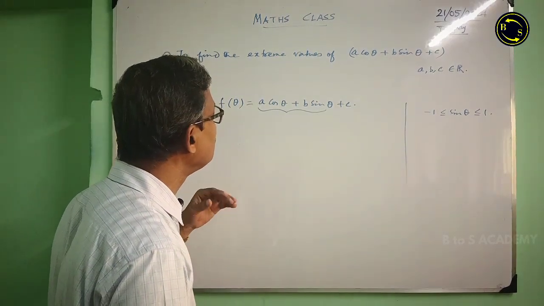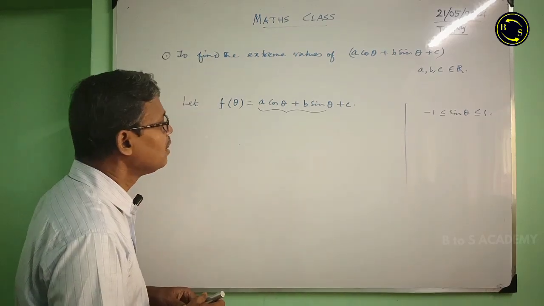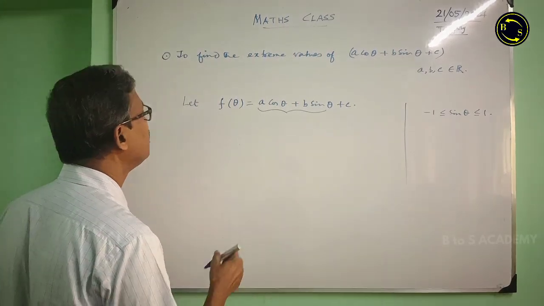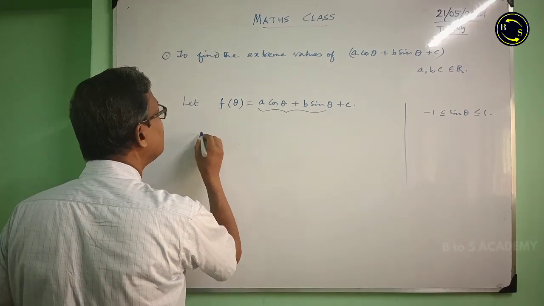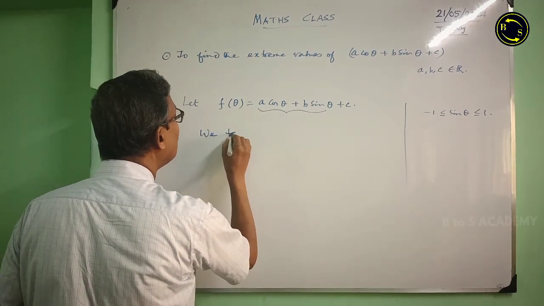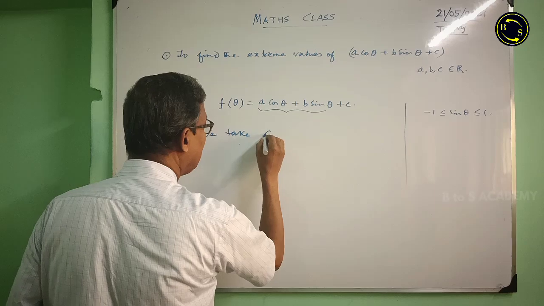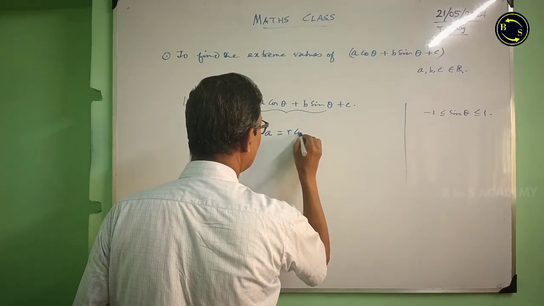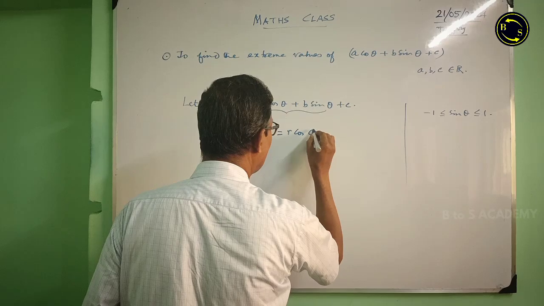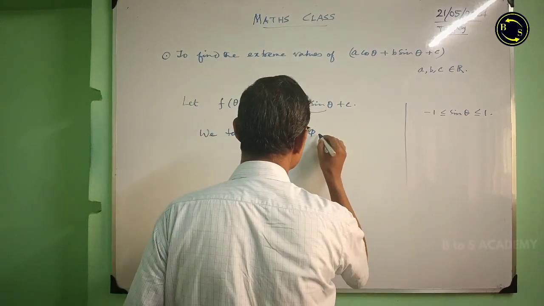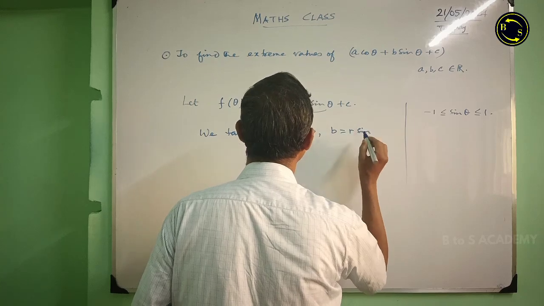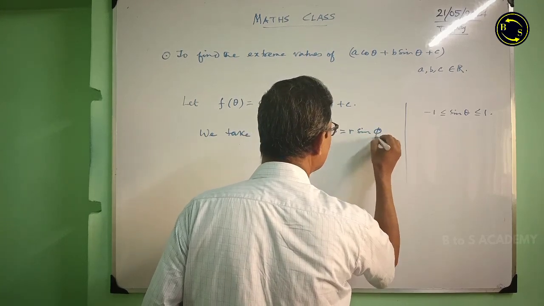in the form p cos of theta plus alpha, or something like that. For that we take a equal to r cos phi, b equal to r sin phi.